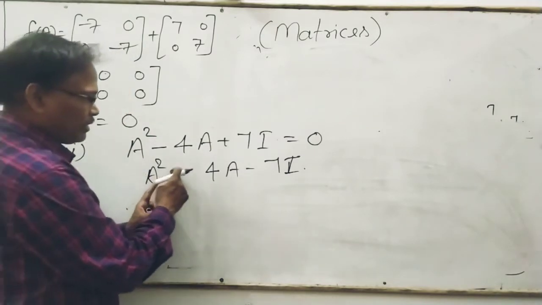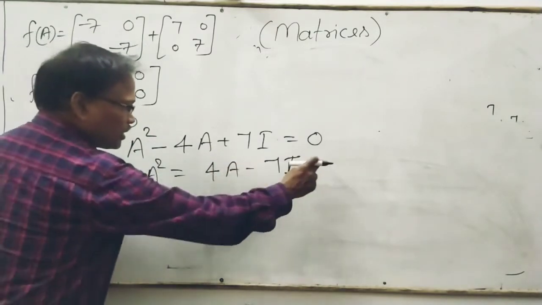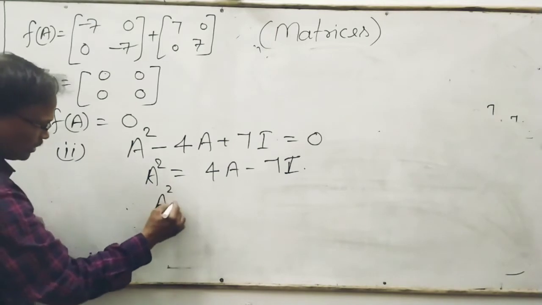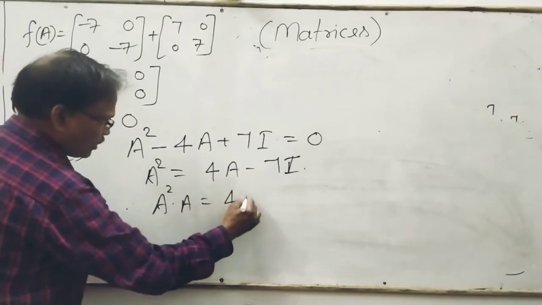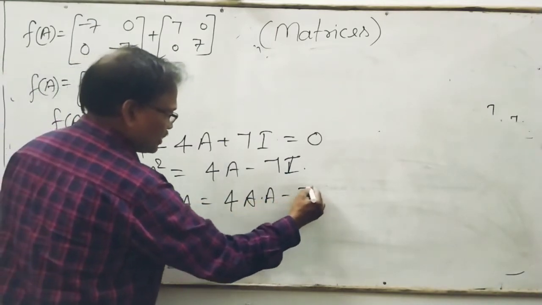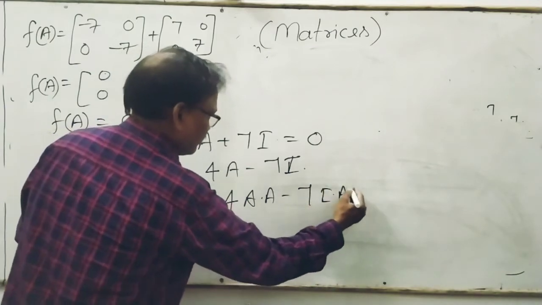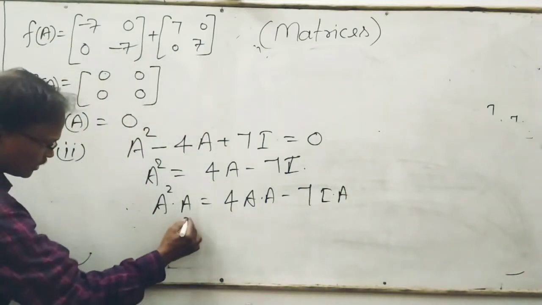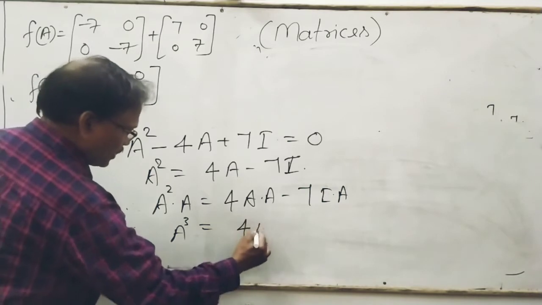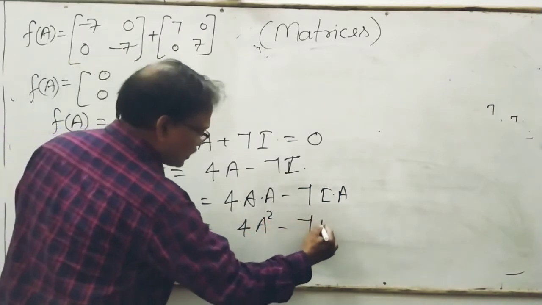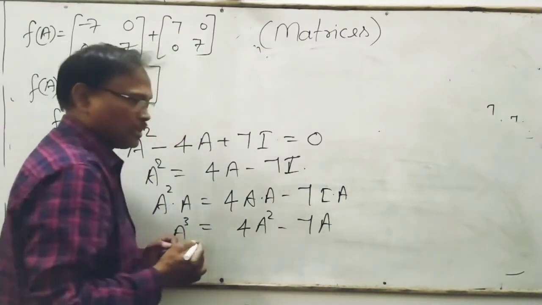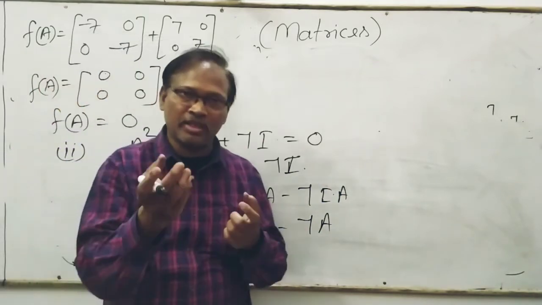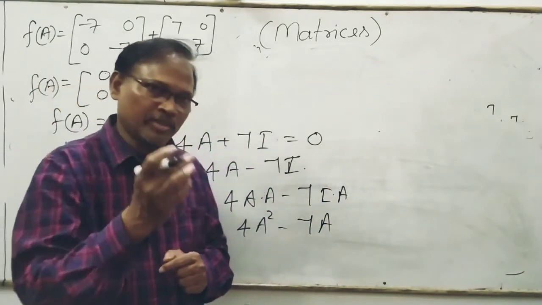Then multiply by matrix A both the sides. So A square into A is equal to 4A dot A minus 7I dot A. You will get here A cube is equal to 4A square minus 7A, because I into A is A. Unit matrix type of 1 in mathematical way.